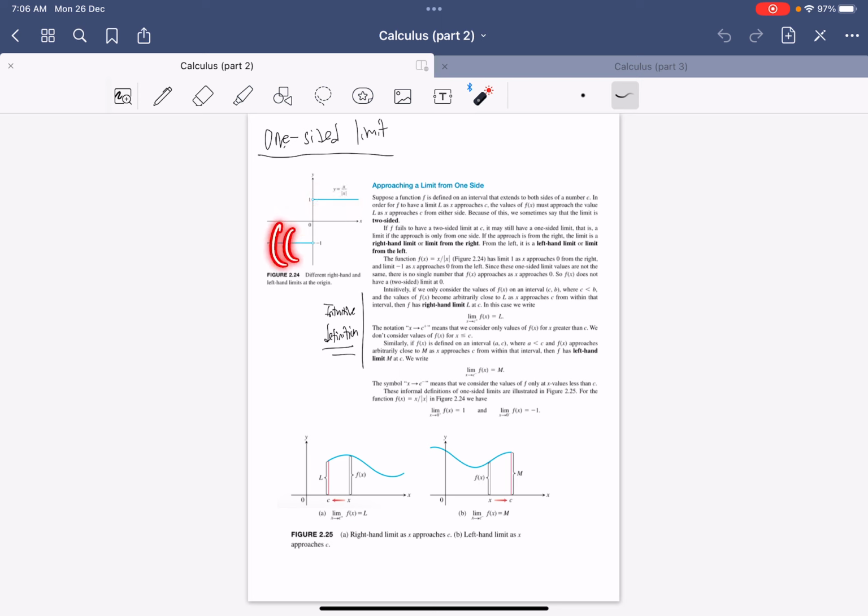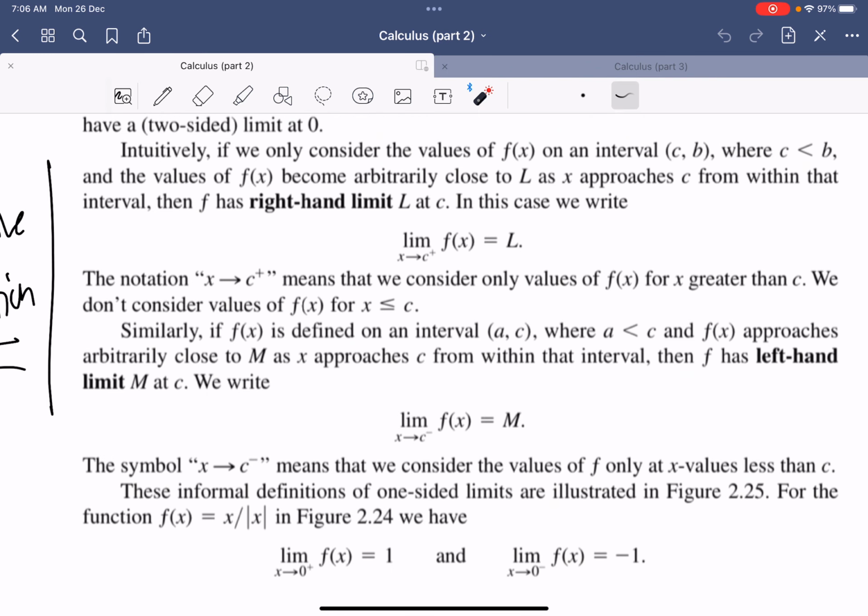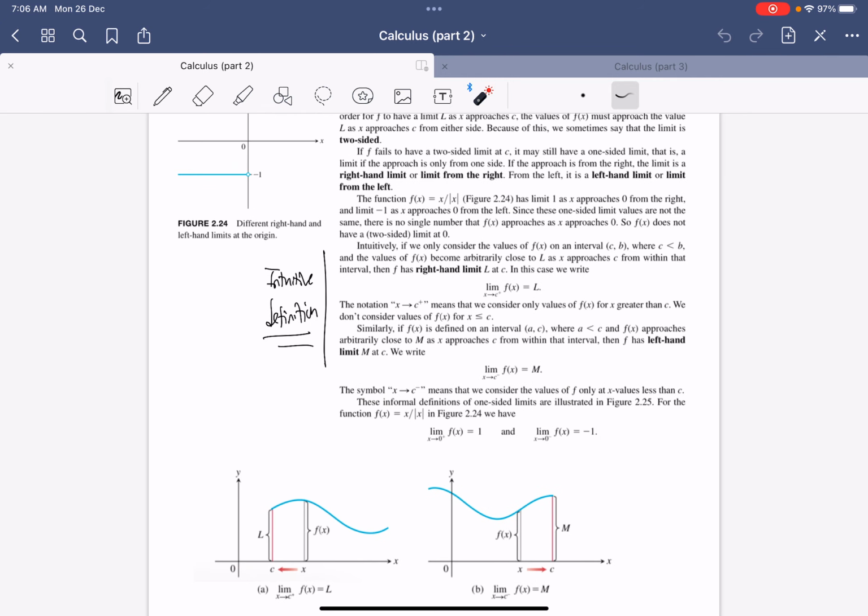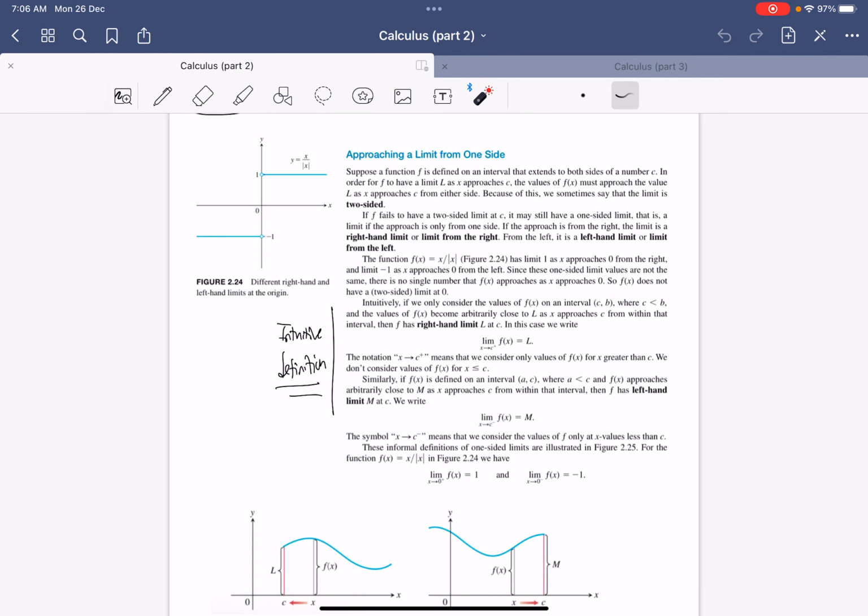And similarly for the one on the left. We denote it by C plus for the right and C minus for the left, because everything is less than C on the left, and the intervals are bigger than C for the right-hand side.